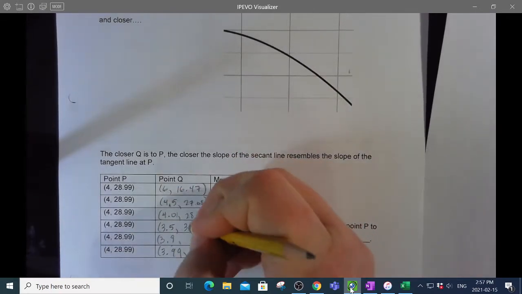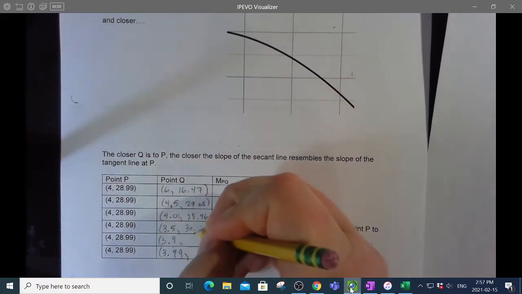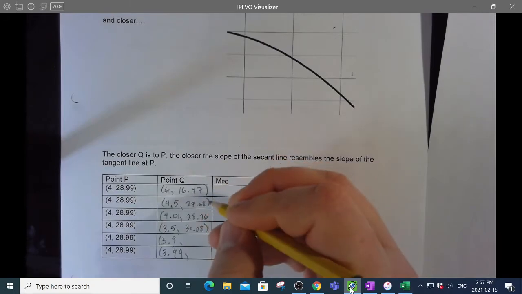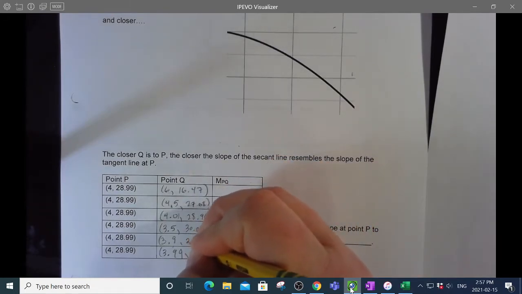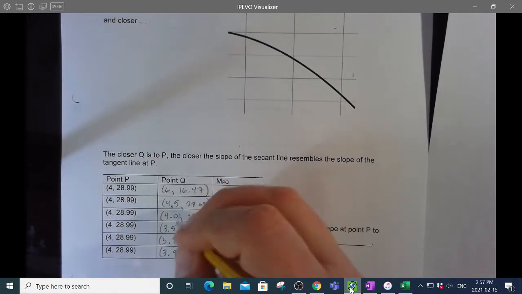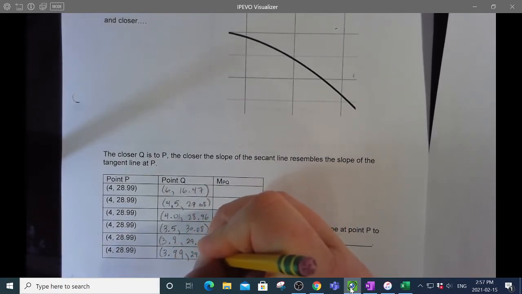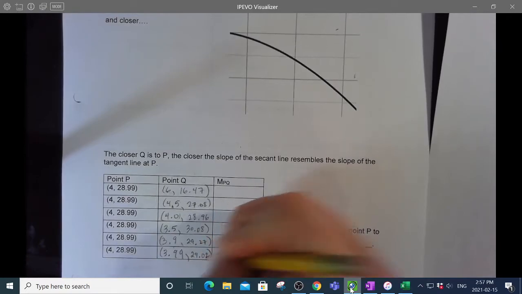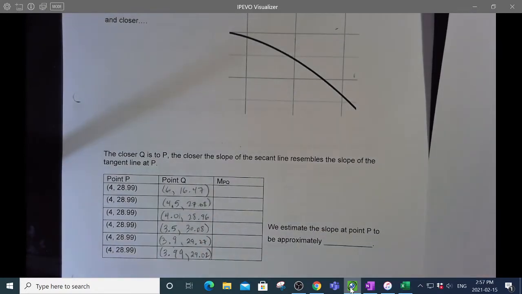Oops, I said 08, and I wrote 88. 30.08, and 3.9 was 29.27, and 3.99 was 29.02, and there we go. That's how I got all those numbers.